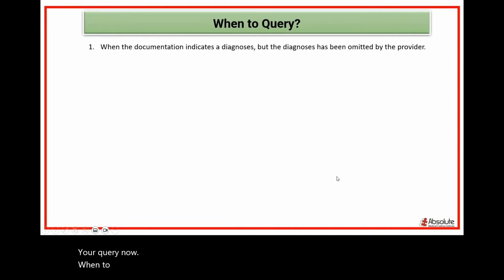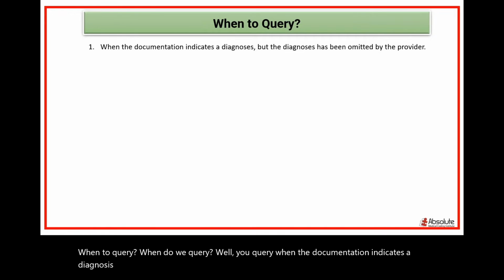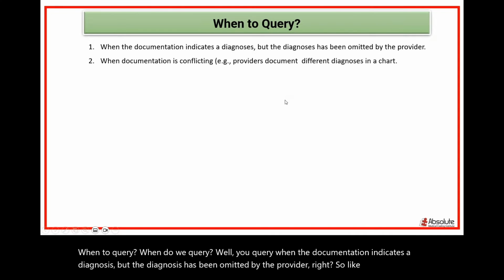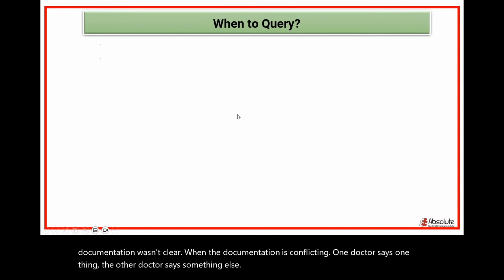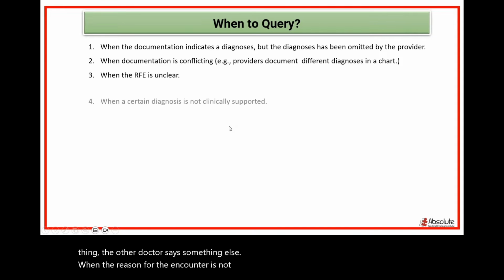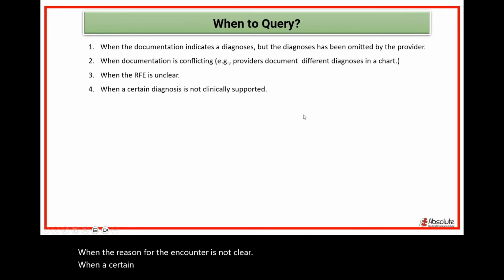When do we query? Well, you query when the documentation indicates a diagnosis, but the diagnosis has been omitted by the provider, right? So, like the documentation wasn't clear. When the documentation is conflicting, one doctor says one thing, the other doctor says something else. When the reason for the encounter is not clear. When a certain diagnosis is not clinically supported.